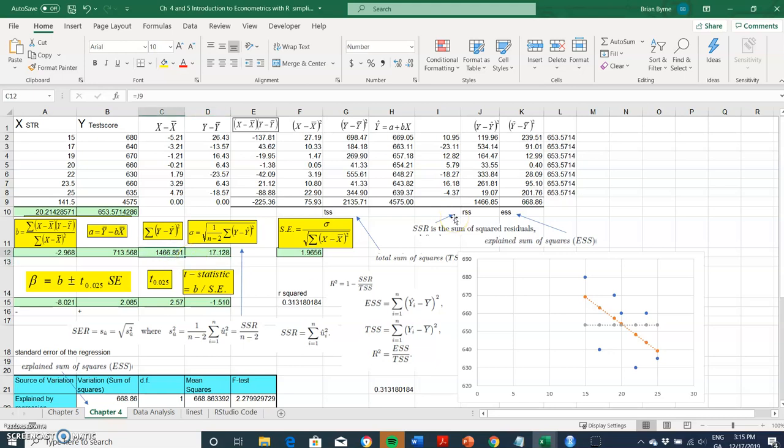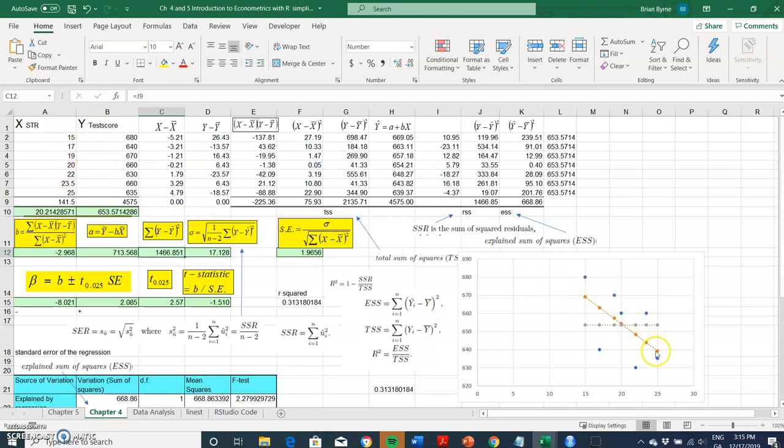The residual sum of squares we had previously estimated as being the difference between the actual y, and then the y hat, which is the fit value. The fit is generated by the coefficients for the intercept and for the beta coefficient, the coefficient on the student-teacher ratio, the independent variable.